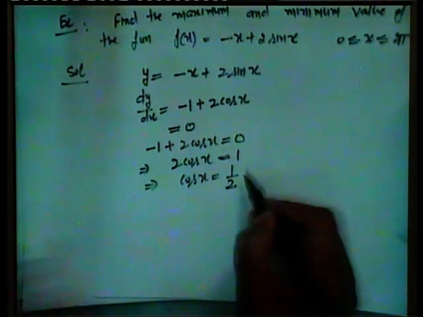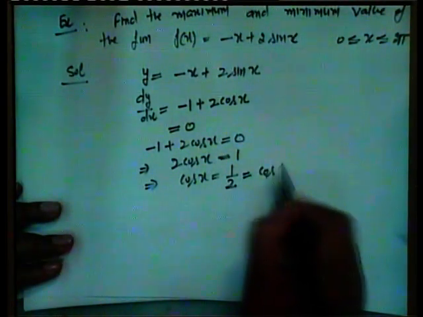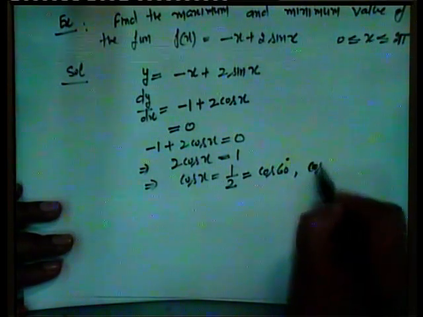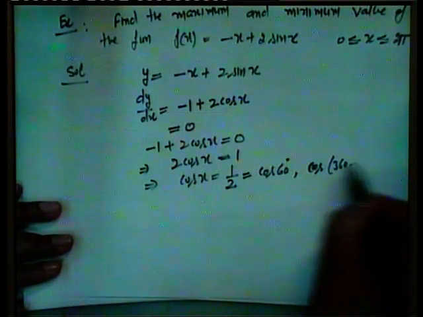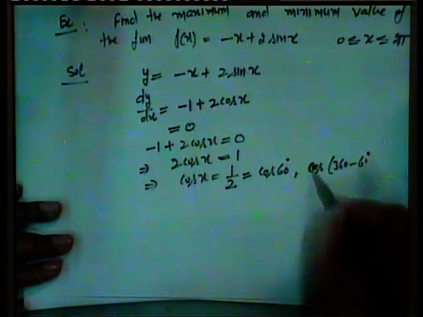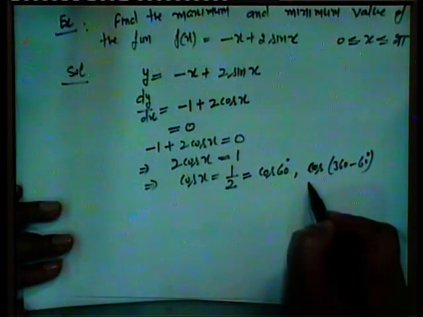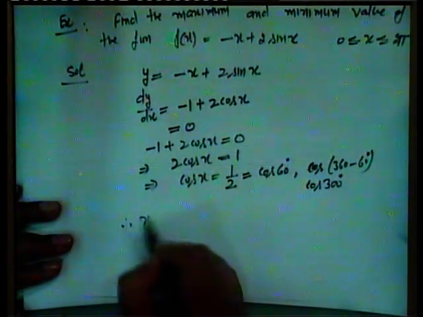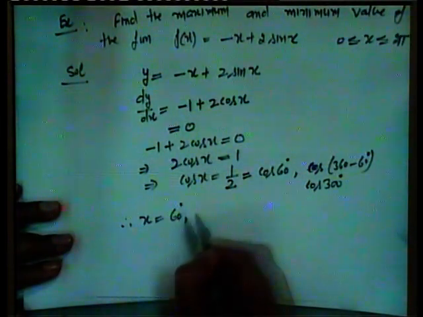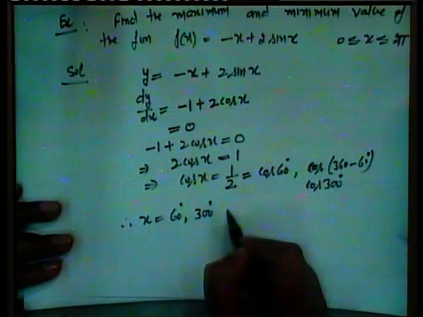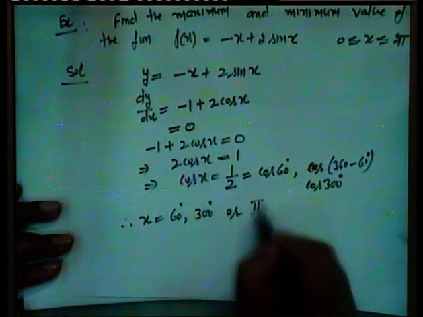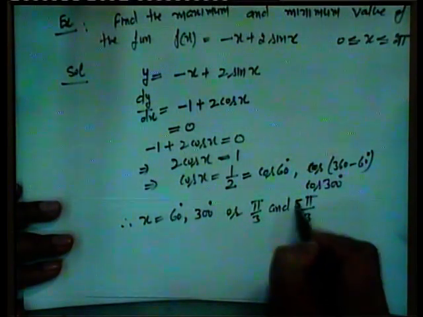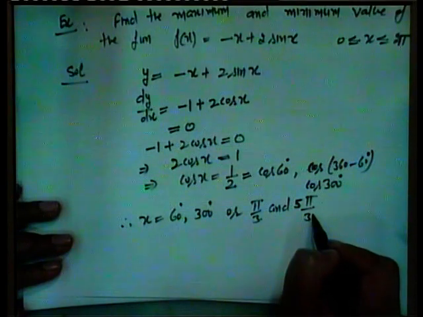Cos x is 1 by 2 at cos 60, and in the fourth quadrant this is cos (360 minus 60), means cos 300. Therefore, our x is 60 degrees and 300 degrees, or in radians we can write pi by 3 and 5 pi by 3.